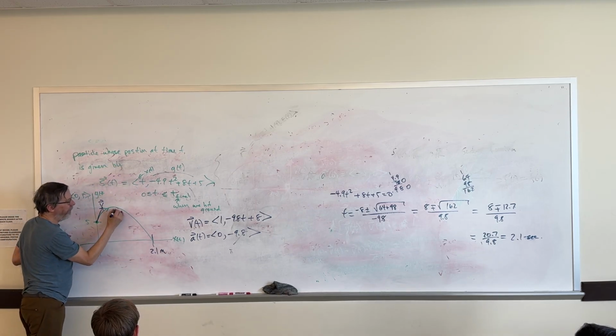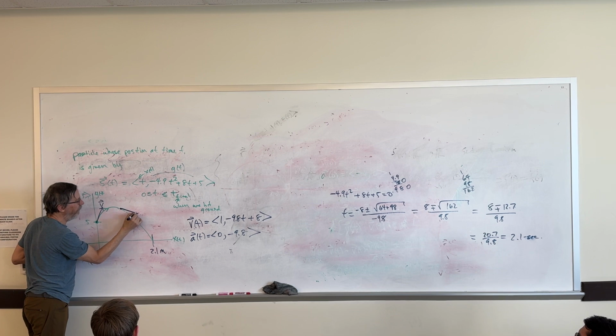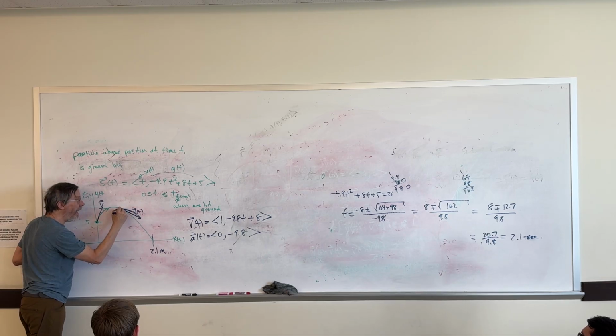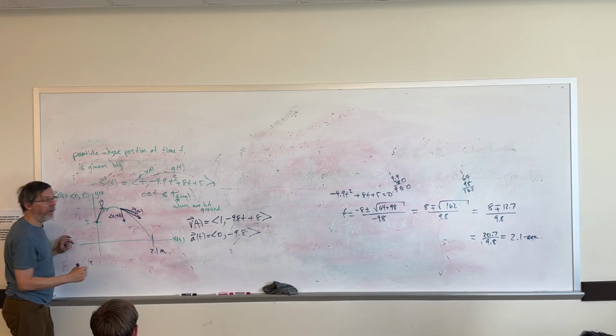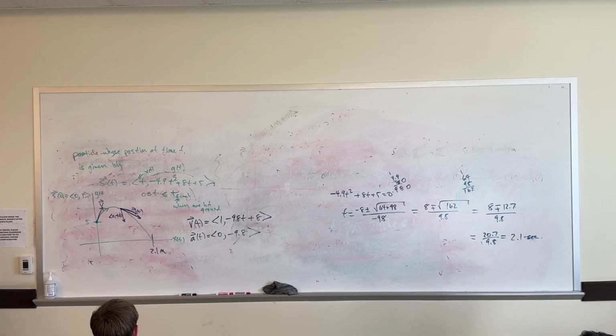So let's actually pick a particular point, like here. The velocity vector is going to be tangent. There, that's better. So there's v of t. And the acceleration is always acting downward. And it's constant, so it's always 0, negative 9.8. Always pulling down.